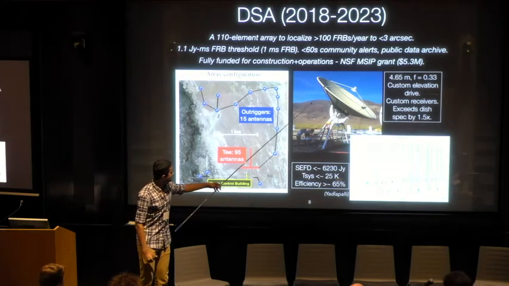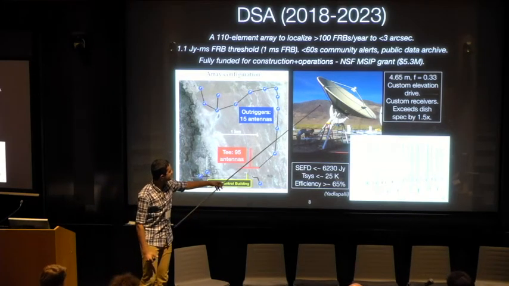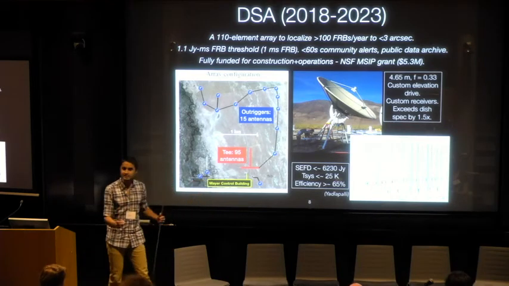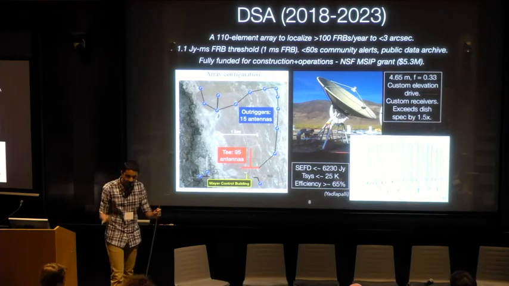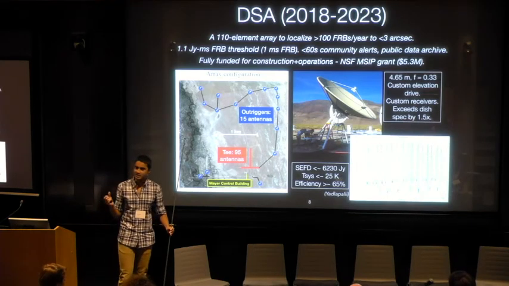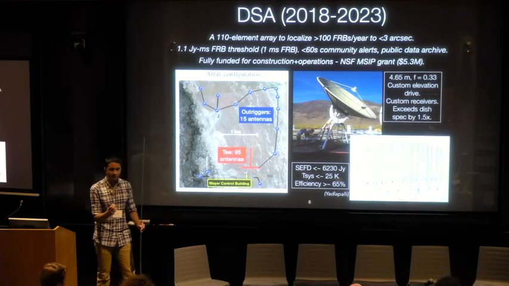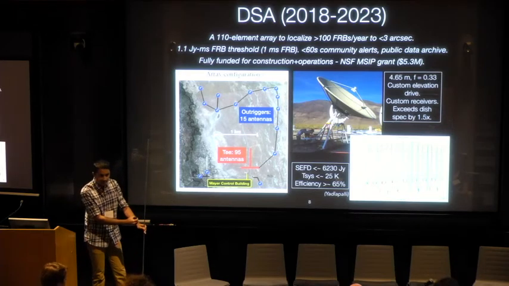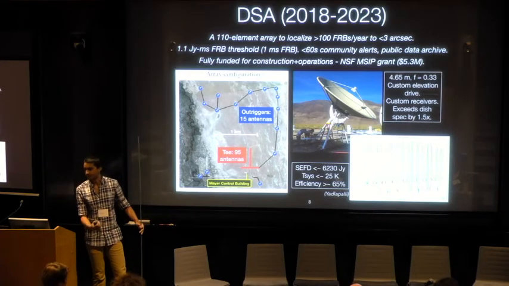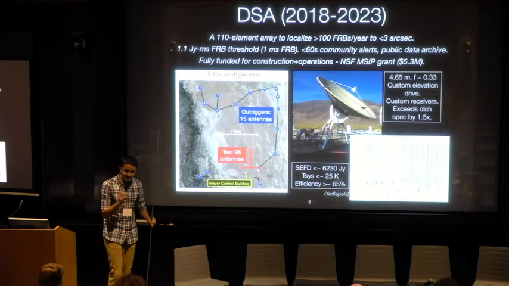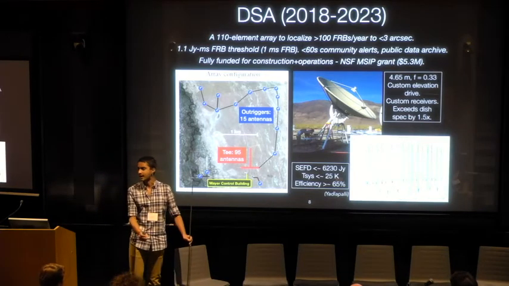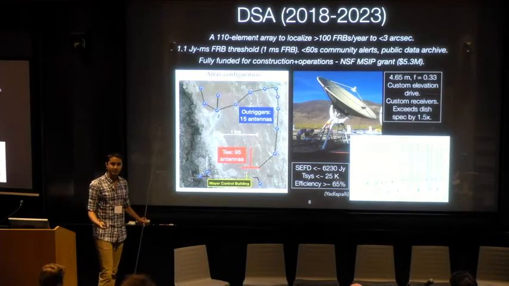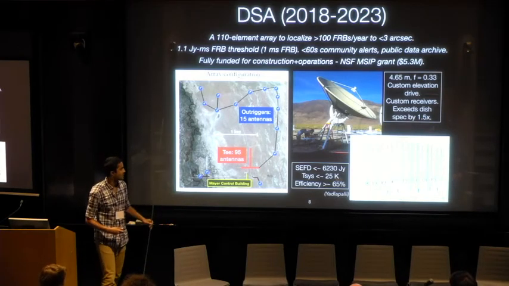And we have transparent feed legs, a slightly more compact feed, but most importantly, a custom-designed LNA with a lab noise temperature of 6 Kelvin, which gives us a system temperature of somewhat under 25 Kelvin and a measured aperture efficiency of above 65%, which beats the spec that we had per dish by a factor of 1.5. So we're pretty happy with this, and we're now ready to roll out into full construction.